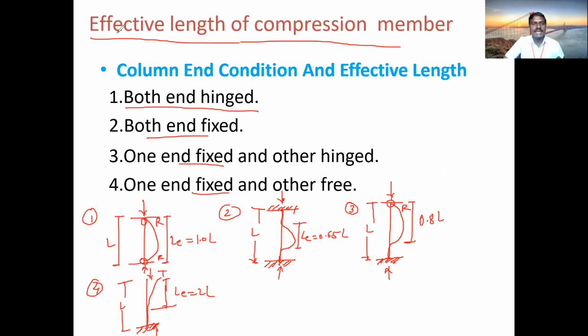So the title, effective length of compression member, you have written. Under this, these 4 conditions are there, and for these 4 conditions we have calculated the 4 effective lengths. Got it, everyone? Yes sir. Okay.